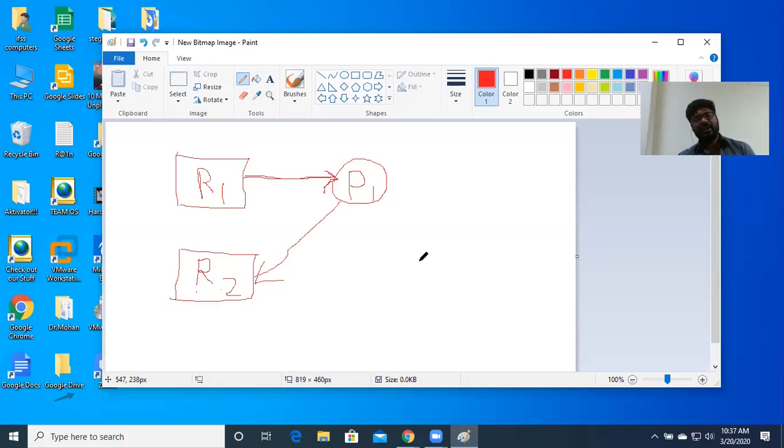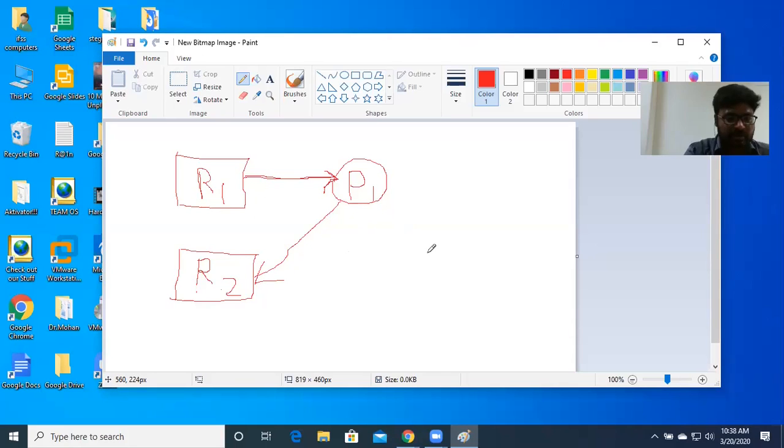Now you can say the resource R1 is assigned to P1 and P1 is requesting R2. Once R2 is assigned to P1, we can get the arrow in reverse. Got the point? So by this resource allocation graph, we can say R1 is assigned to P1 and P1 is requesting R2. So this is the request edge, this is the assignment edge.